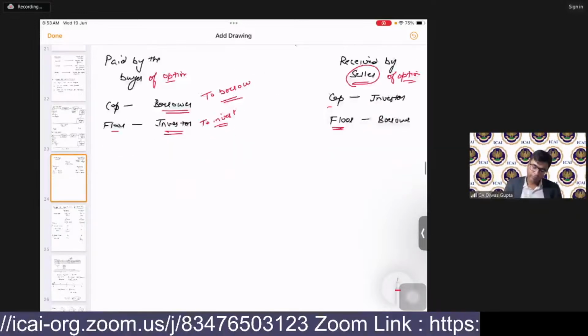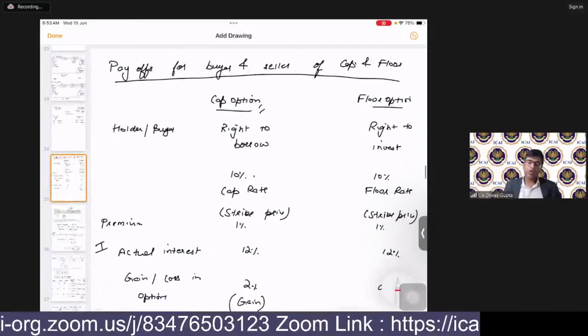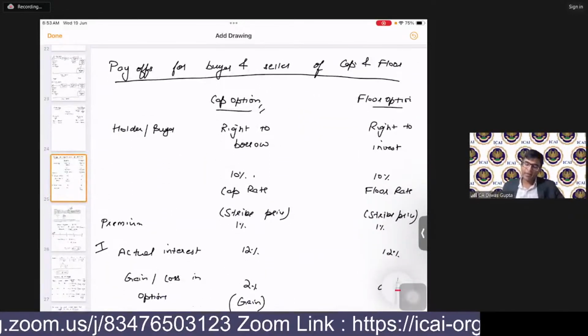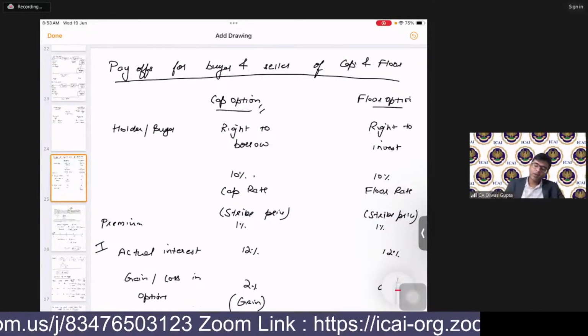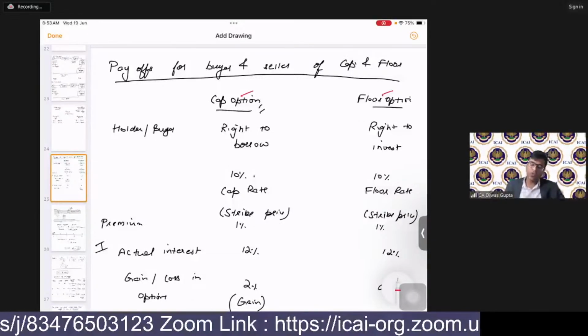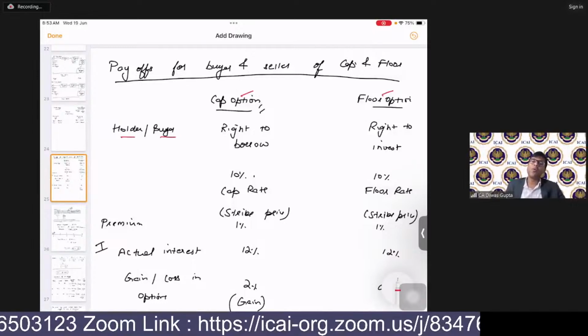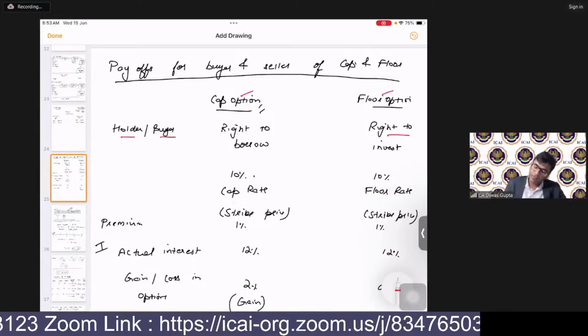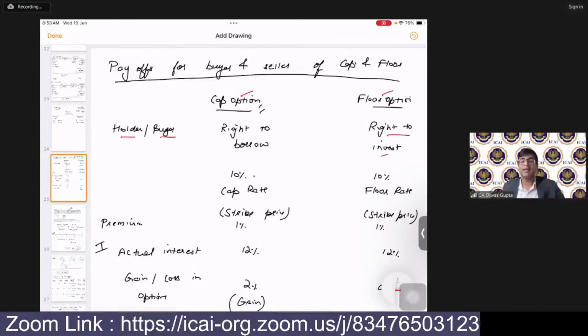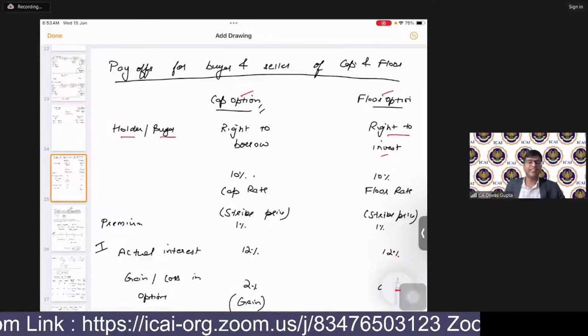Okay, perfect. Now let's talk about the payoffs of the buyer and seller of cap and floor, students. For a cap option, the holder or buyer has a right to borrow, right? For a floor option, the holder or buyer has a right to invest.